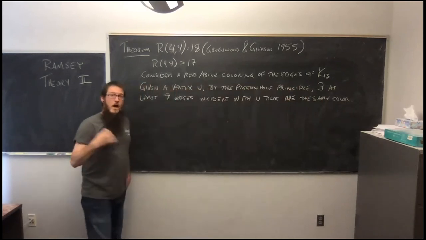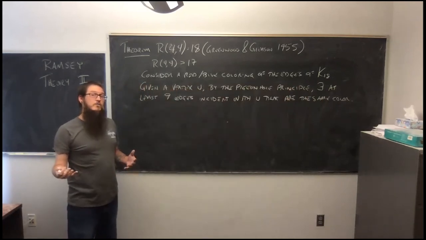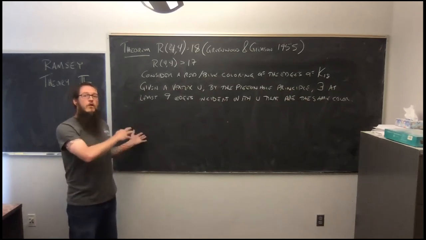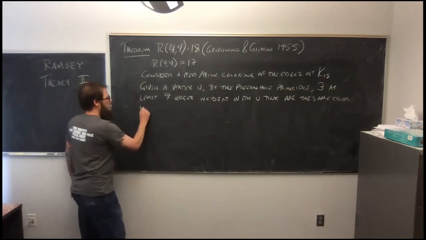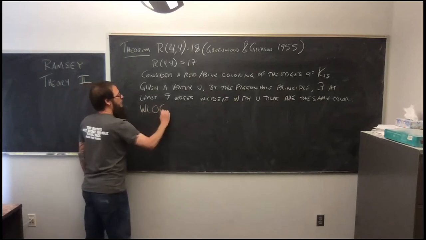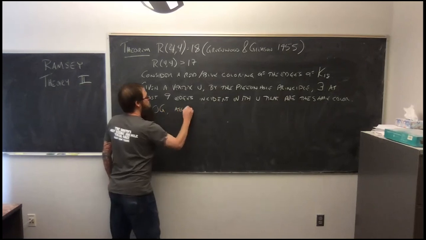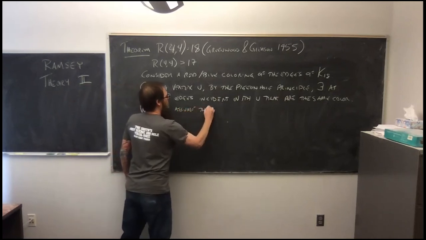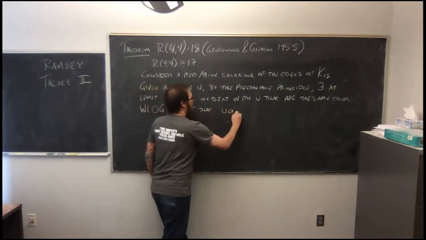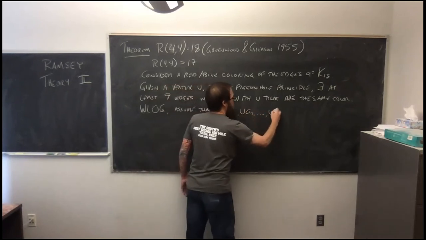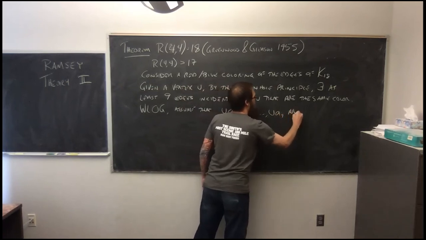Once again, without loss of generality, I'm going to assume that there are at least 9 red edges. I could back up at the end and repeat all the arguments with blue. I'm just going to use WLOG for without loss of generality. Let's go ahead and assume that UA1, UA2, all the way down to UA9 are red.